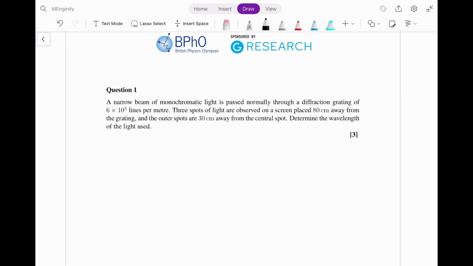So in this case, what we know is something like this. This is the slit. Let's say this is one of the slits, and then the idea is that the light goes over here, and then this is the screen. The distance over here is 30, and then over here this is 80 centimeters, and this is the theta.